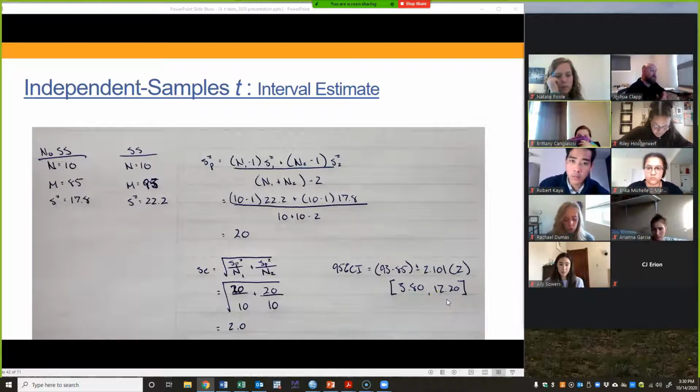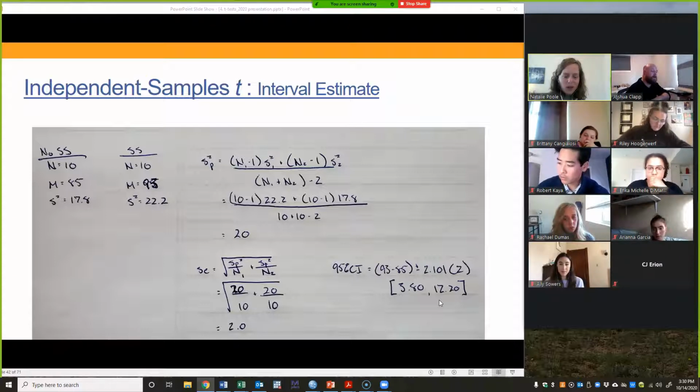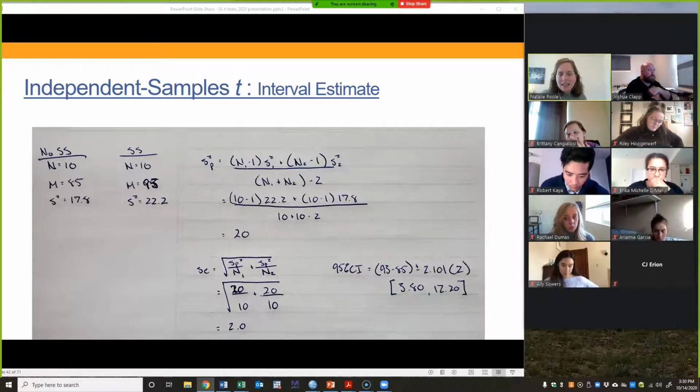Okay. So, Natalie, can you give me a conceptual interpretation of this confidence interval? Let me figure out. One minute. So the data, and I might mess this up.